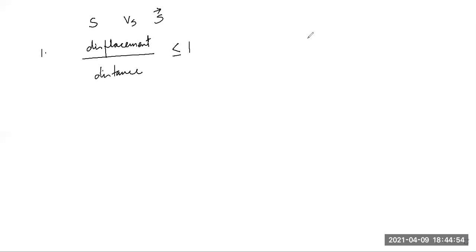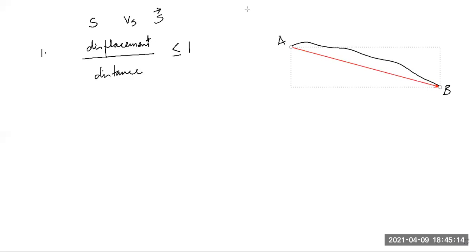What does that mean? Let us say a person has gone from A to B. Now, what is the distance? Distance is this curved distance. But what is the displacement? Displacement is the linear distance between A and B. And this linear distance is the shortest distance.